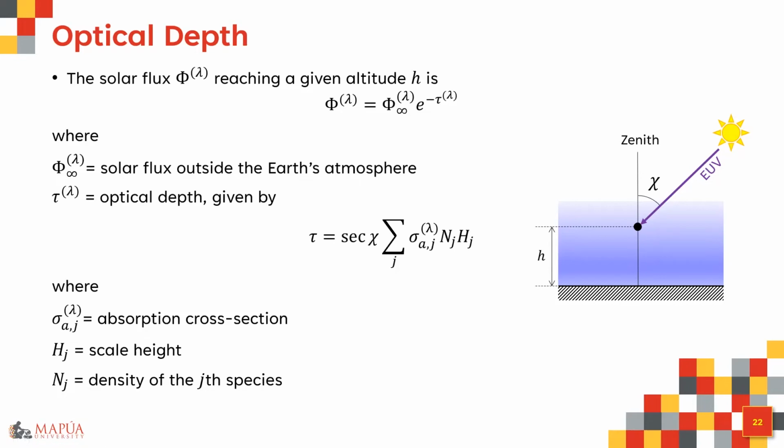Of course, the more gas present, the higher the optical depth, because more of these constituent particles will absorb this energy. And of course, the absorption cross-section. This tells us how effectively that certain molecule absorbs that specific wavelength.